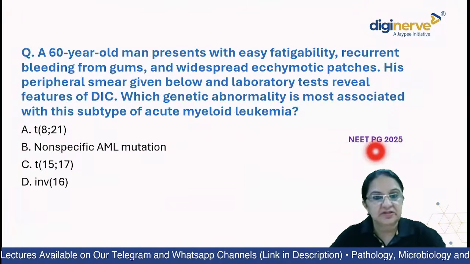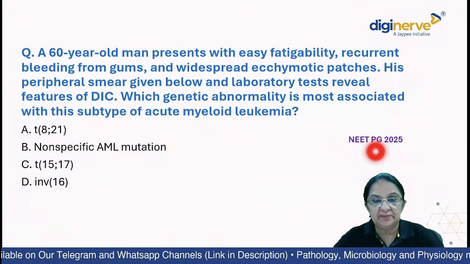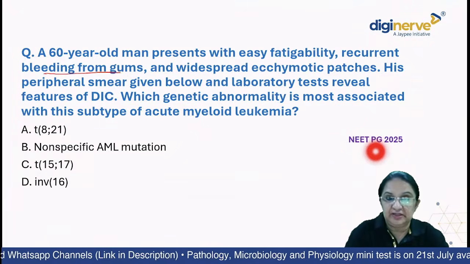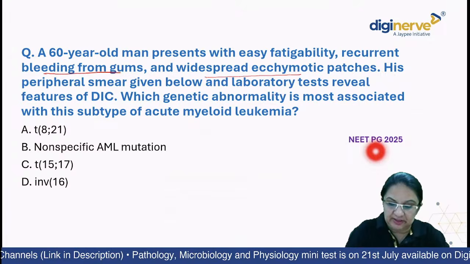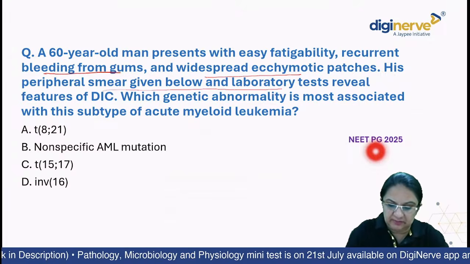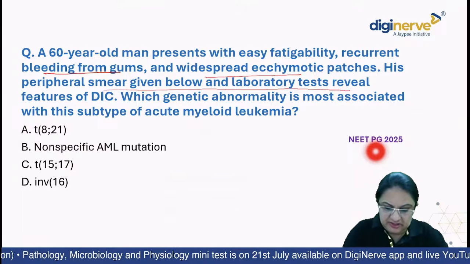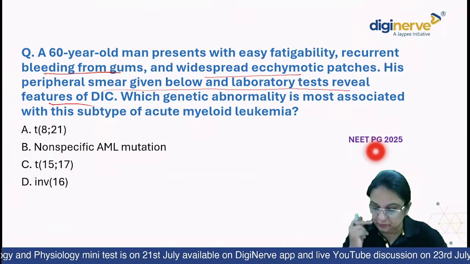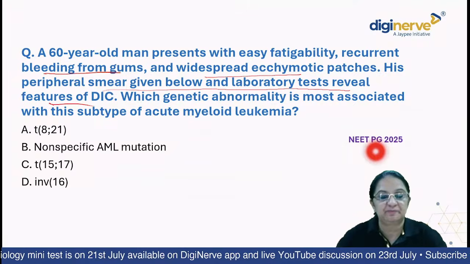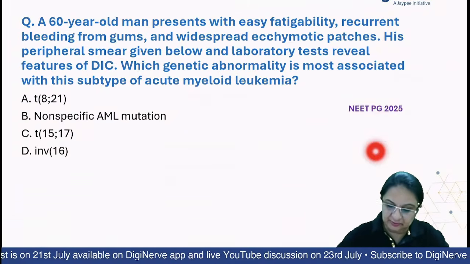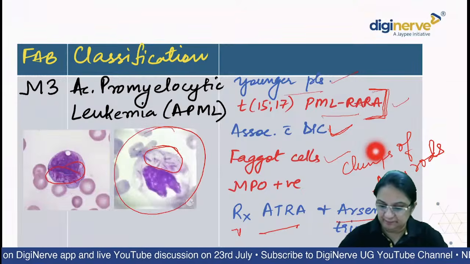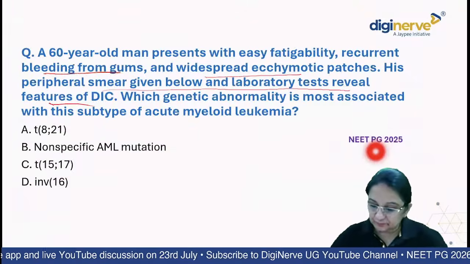Now, see, a question, 60-year-old male presents with easy fatigability, recurrent bleeding from the gums, widespread ecchymotic patches, peripheral smear given below shows features of DIC, laboratory features. The peripheral smear, I have forgotten to include the peripheral smear. It is something similar to here. You will see these cells there, faggot cells. Faggot cells.